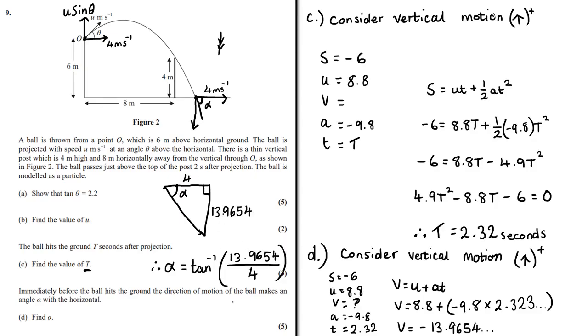And what you need to do here is just put this tan inverse of this expression into your calculator. And what you get for alpha is 74 degrees there. Okay, so I've rounded that to 2 significant figures. And there we have it. So that's our value for alpha. That gives us the solution to part D and to question 9 overall.